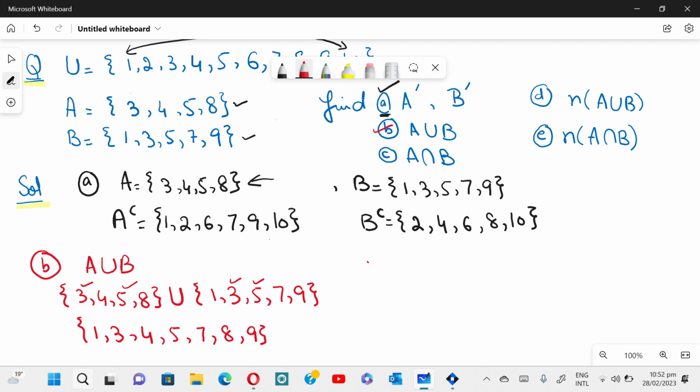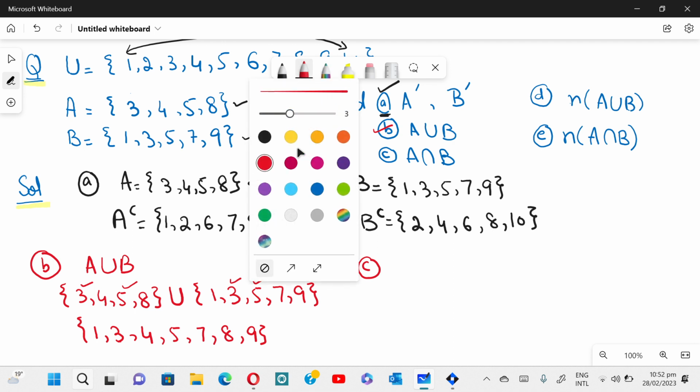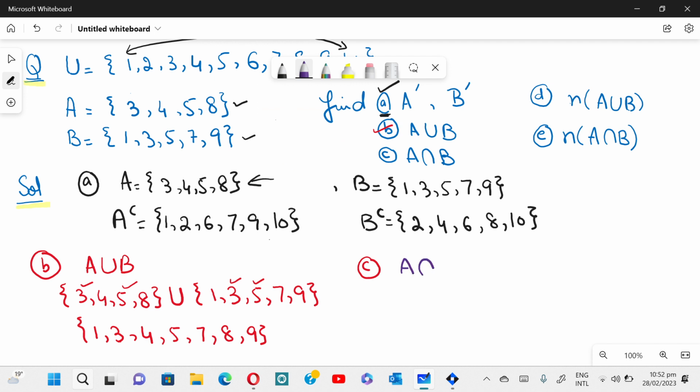I'm going to write my part C, which says I have to find the intersection here. This time I have to find the intersection of A and B. So I'm going to write my values of A, which is 3, 4, 5 and 8, the intersection sign, and then my values of B, which is 1, 3, 5, 7 and 9. If I have to take intersection, I have to find which numbers are common, which numbers are repeating here.